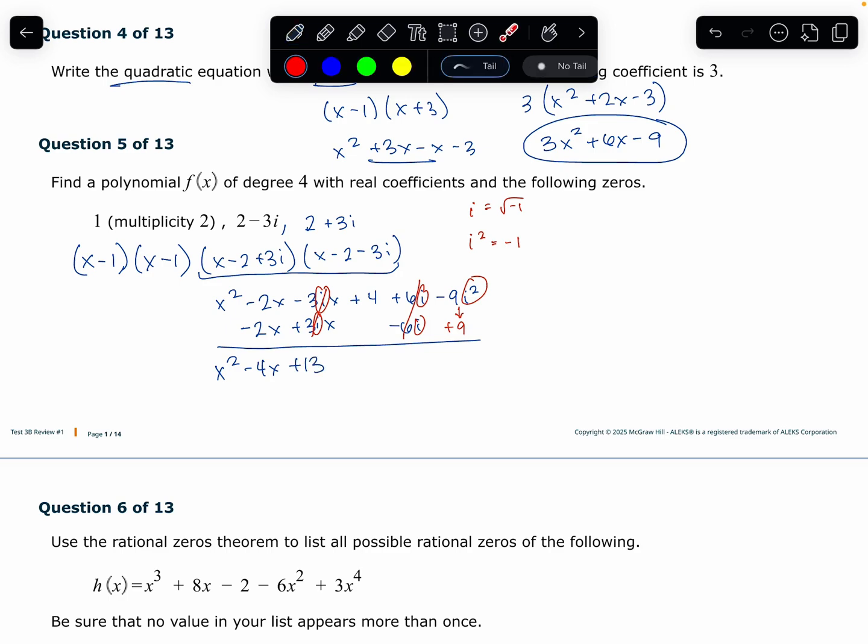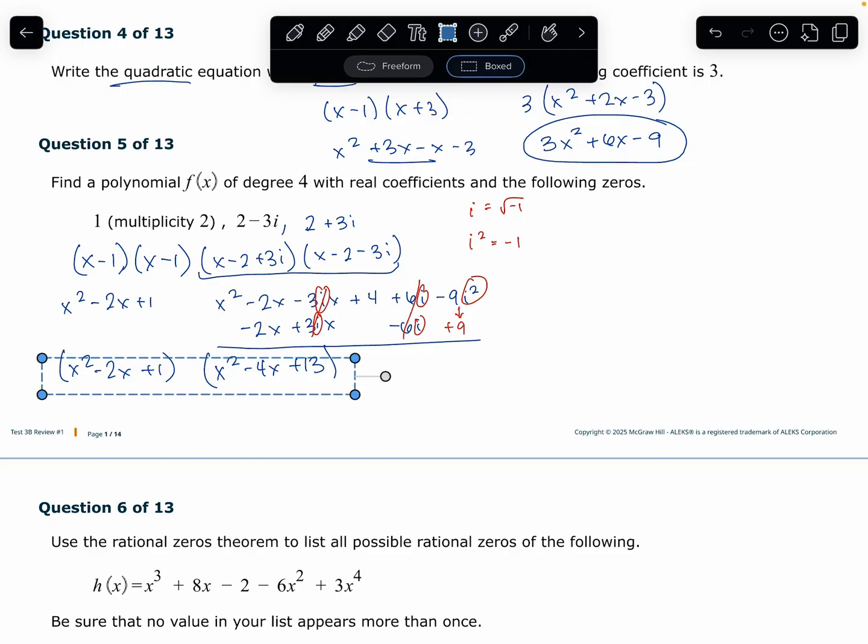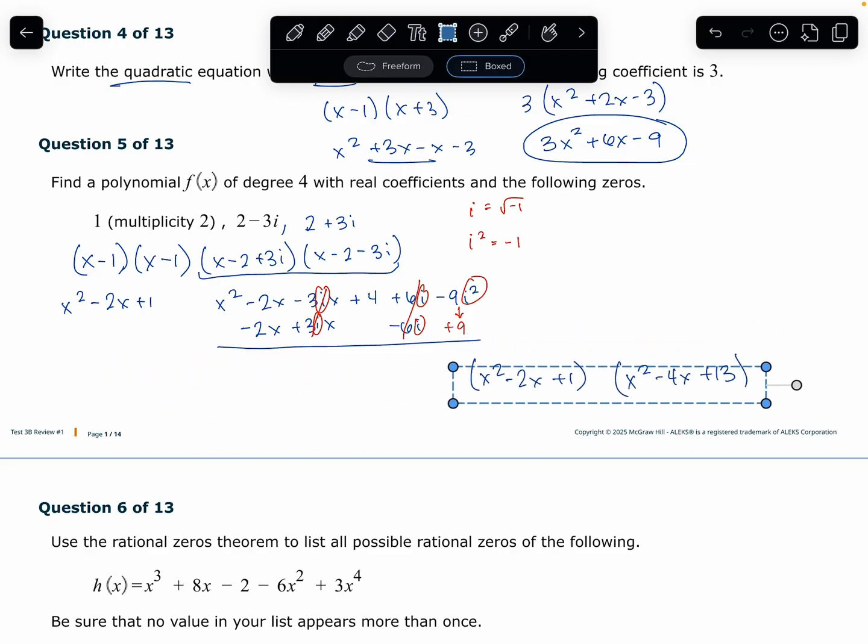And then here is the polynomial. This is the result of the product of these two factors. But I still need to multiply these together. So this becomes x squared minus 2x plus 1 if you FOIL it out and combine the middle terms. And then what I need to do last but not least is multiply x squared minus 2x plus 1 by the other polynomial.